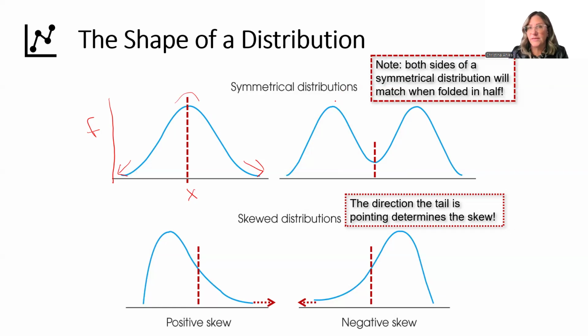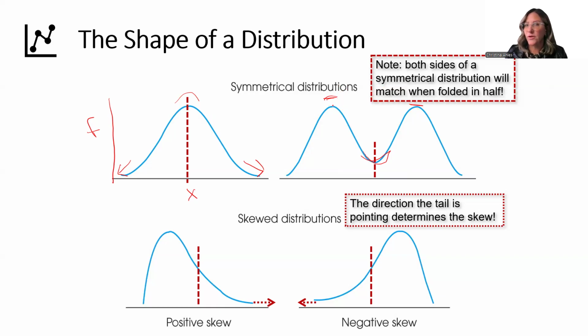Another form of a symmetrical distribution is what is called a bimodal distribution. As you can see, there's a peak here and a peak here. There are 2 peaks, they're equal peaks, with a valley in the middle. As long as those peaks are equal, it's a symmetrical distribution, but it's called a bimodal distribution.